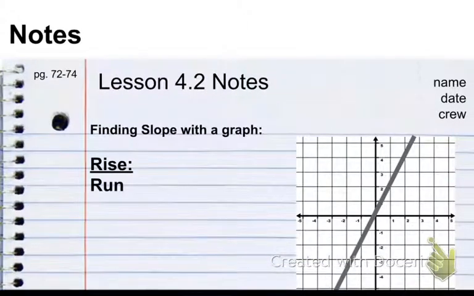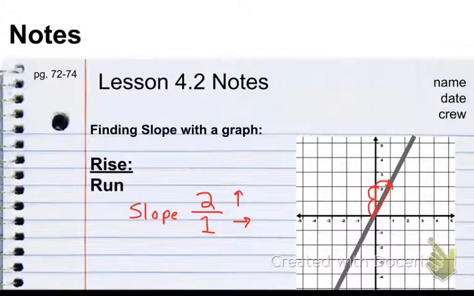So let's go ahead and find slope. Here I have a line that is graphed on a coordinate plane, and I want to know, what is the rise and run? What is the slope going to be? Well, the slope is again a fraction composed of rise over run. How much is this going up? It is going up 1, 2, so 2 up, and its run is 1 over.